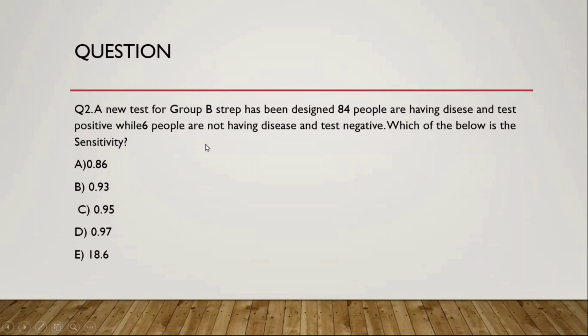Now the next question. Please solve this question on your own and tell me the answer. A new test for Group B Streptococcus has been designed. 84 people are having the disease and test positive, while 6 people are having the disease and test negative. Which of the below is the sensitivity? Options are option A 0.86, option B 0.93, option C 0.95, option D 0.97, and option E 18.6. So solve the question and tell me the answer.